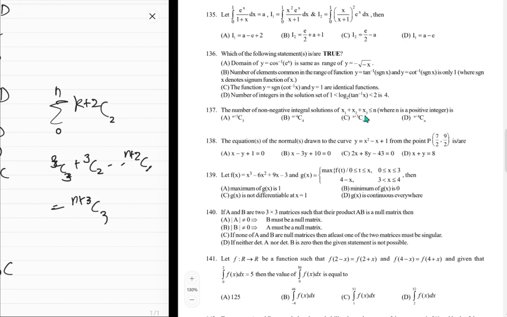So it's just n plus 3 into n plus 2 into n plus 1 upon 3 factorial, which is 6. So n plus 3c3 and n plus 3cn, same stuff, right? So c works, a works, that's the only stuff that works. So a and c.